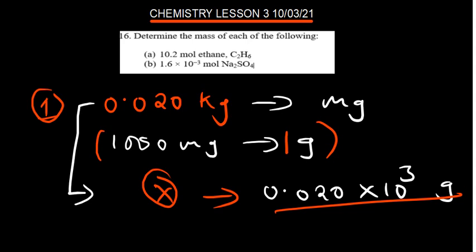So from there, if you cross and multiply, the answer that you are likely to get is basically going to be just 0.20 by 10 to the power 6.